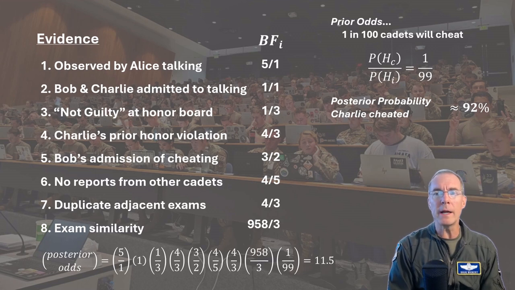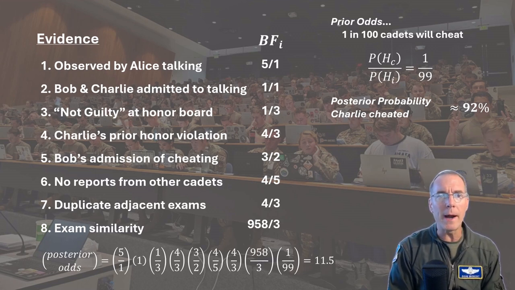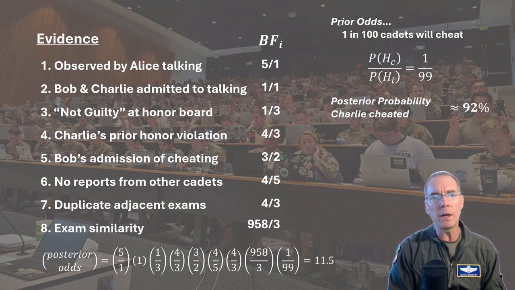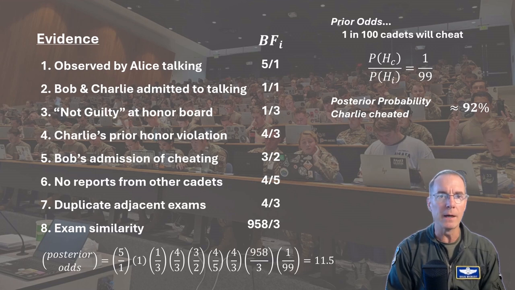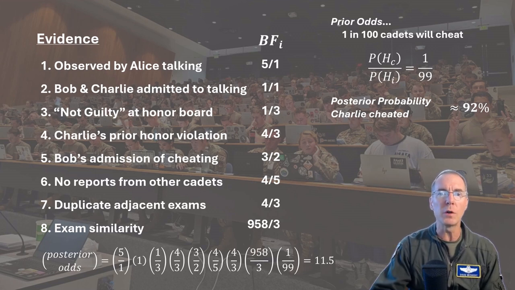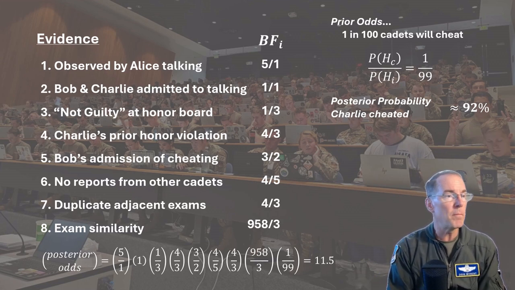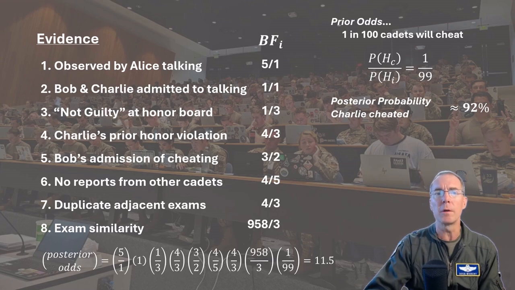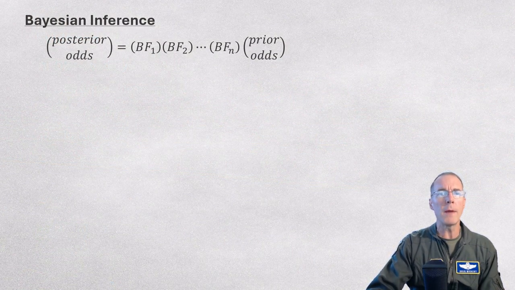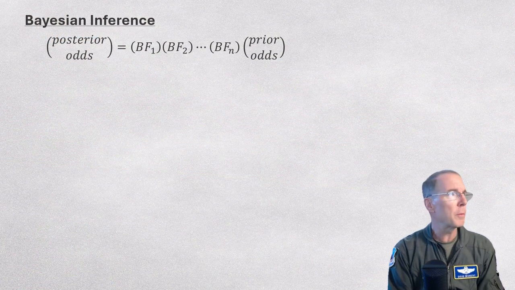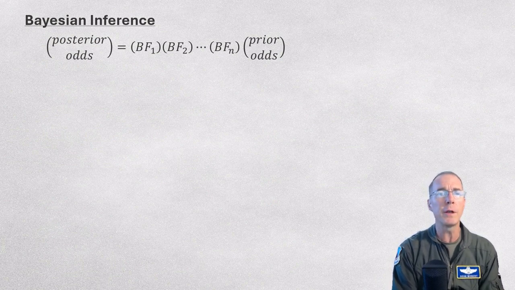Instead of just having to rely on gut instinct or a binary, he cheated, he didn't cheat, it's safe, it's not safe determination, we can quantify the strength of individual pieces of data in favor of the 2 competing hypotheses and help move forward to a conclusion based on how strong we think things are. So I'm not going to derive the Bayesian inference formula from Bayes' theorem in this video.